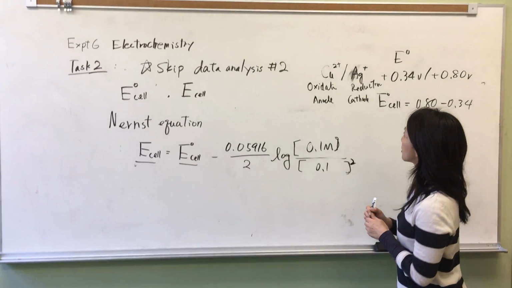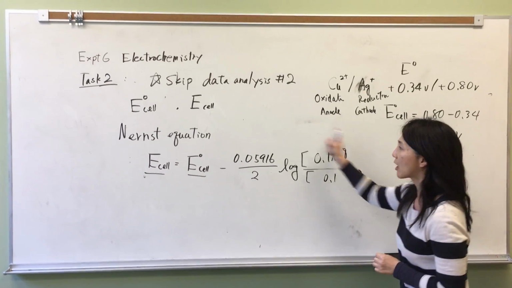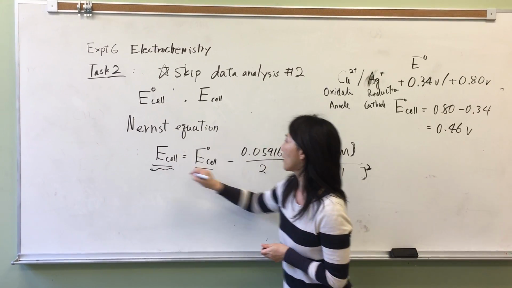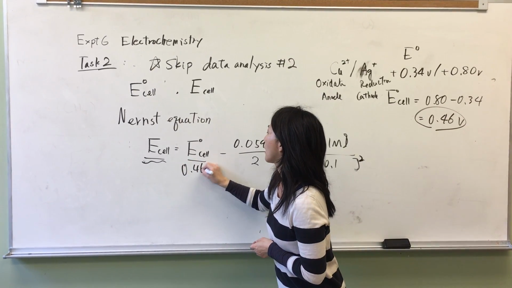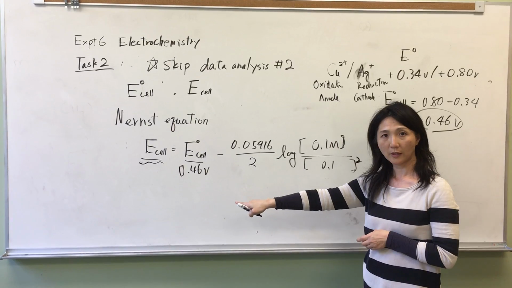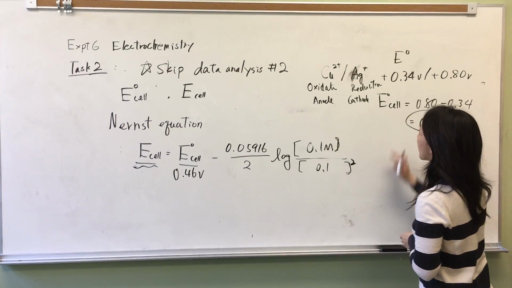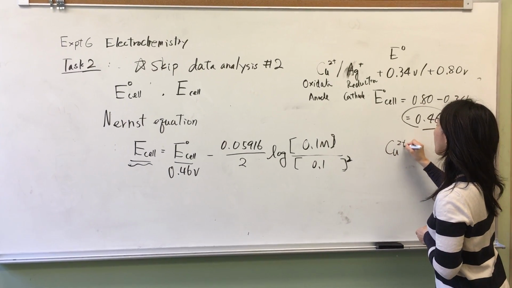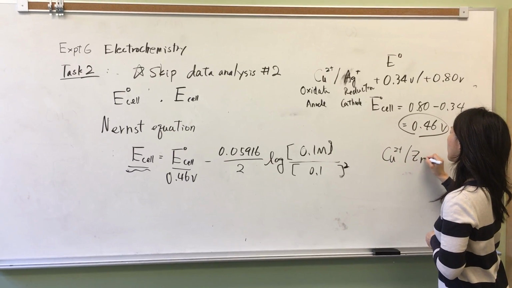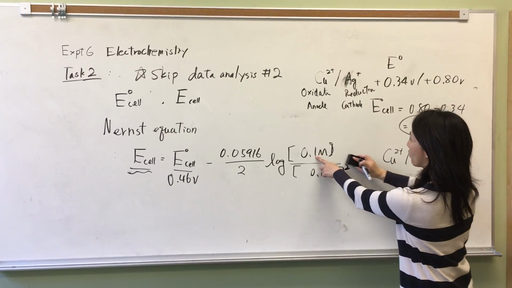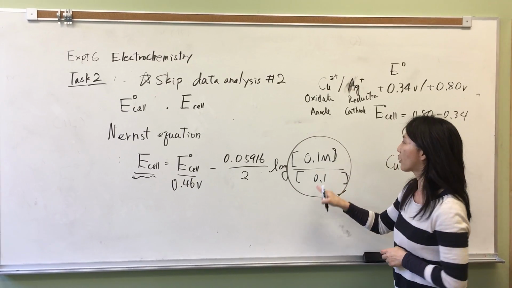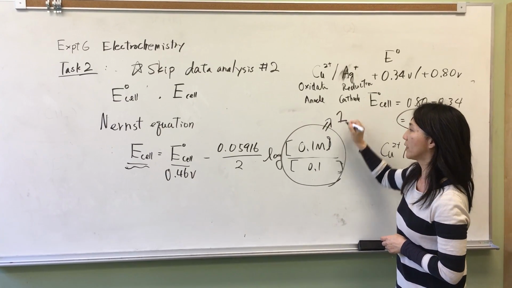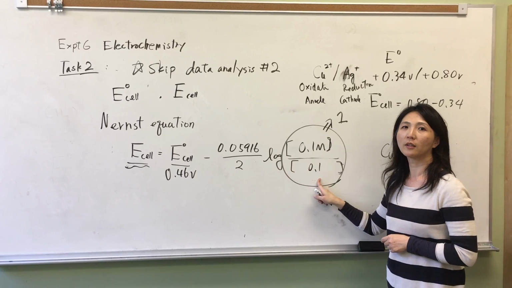Then you calculate the E cell, with this 0.46 going here. But for the other combinations, for example copper and zinc, it's 0.1 molar over 0.1 molar, so the ratio is gonna be 1. What's the log of 1?